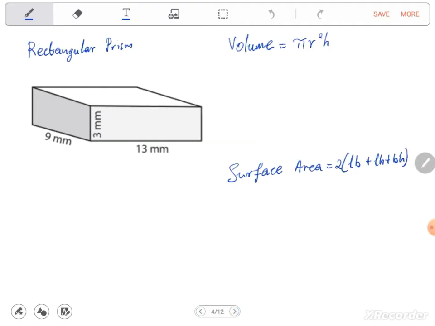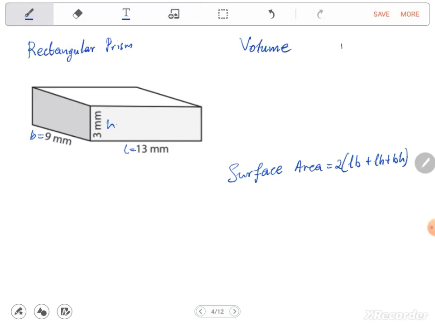Now we have a rectangular prism here. It has a length of 13 millimeters, a breadth of 9 millimeters, and a height of 3 millimeters. So let's substitute for volume. My formula here is incorrect, so let me correct this one.